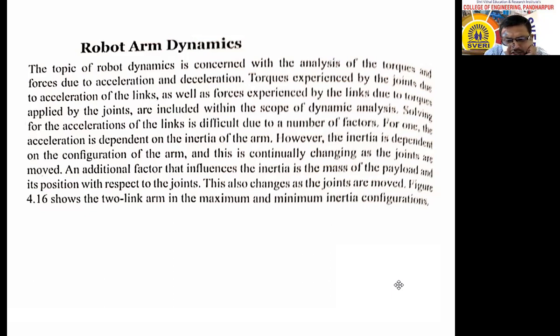This also changes as the joints are moved. Figure 4.16 shows the two-link arm in the maximum and minimum inertia configuration.